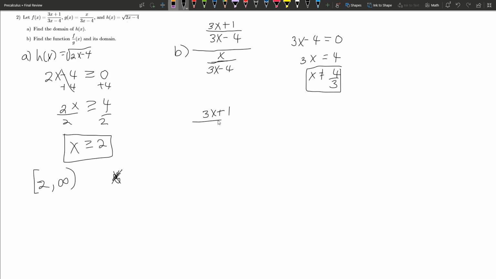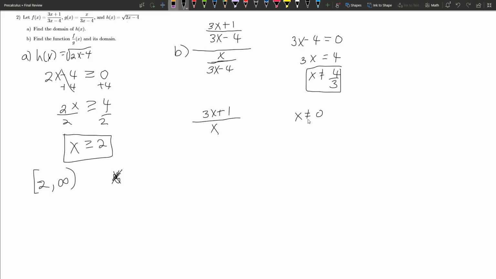So we're just going to rewrite this. And because we had the same denominator for the top and the bottom, we're just going to remove that. Pretend it's not even there. All right, so this is going to be our new function. And right away, I could see x itself cannot equal 0. Otherwise, that would make this whole thing here 0. And that's pretty much it.